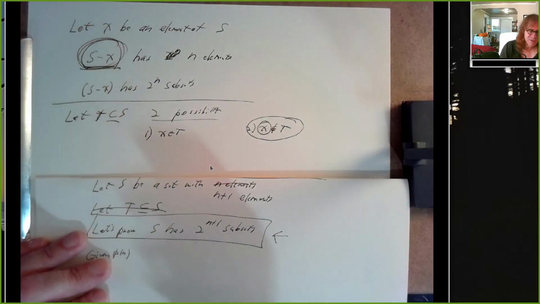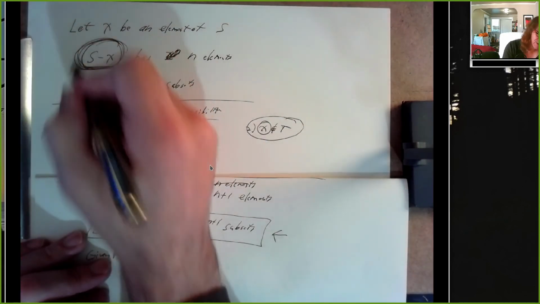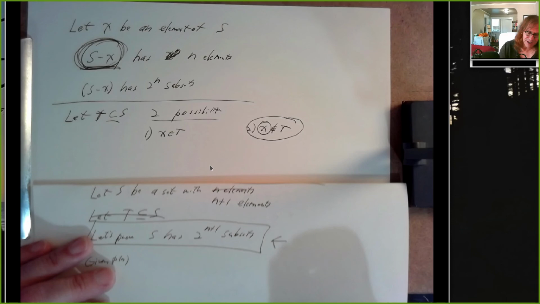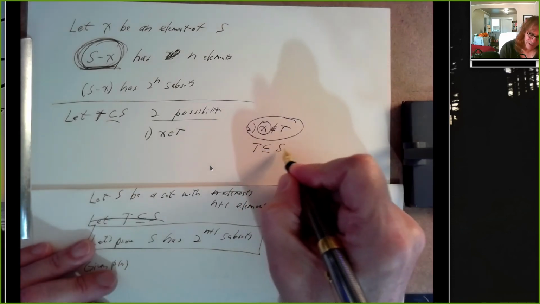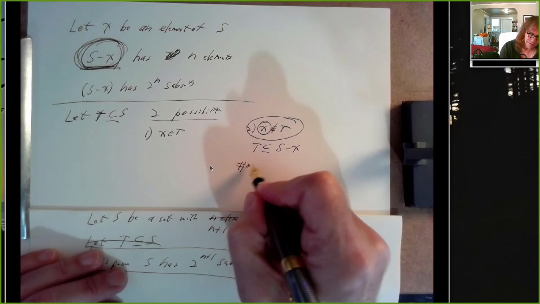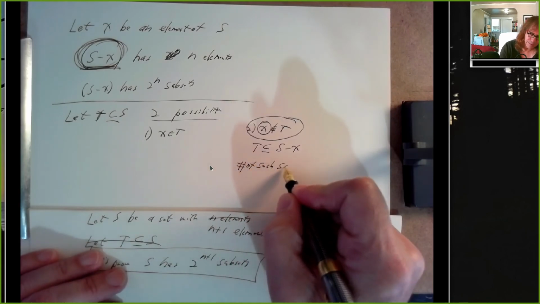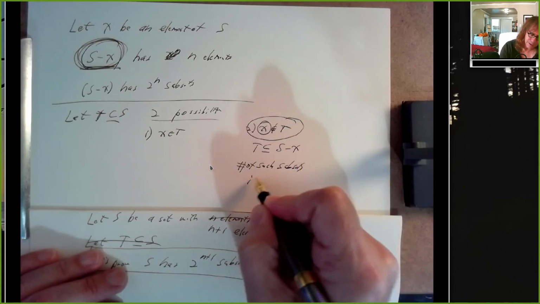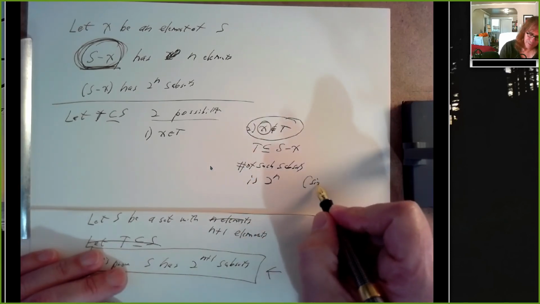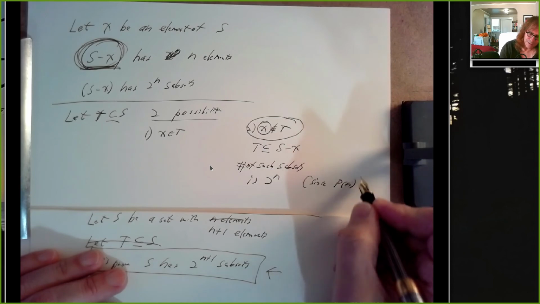Exactly the number of subsets that there are of S minus X. And so the number of such subsets is 2 to the n. Why? Because P of n.